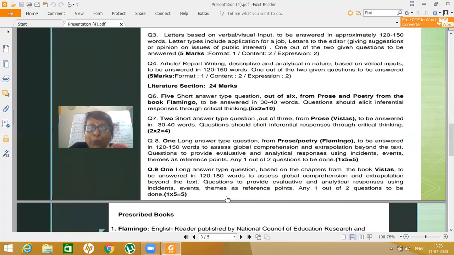Now children, I told you I'll come to this word limit part. Earlier, if you remember, we used to get 10 marks questions, and then it would be of 150 to 200 words. Now this time the maximum limit is 120 to 150 words.